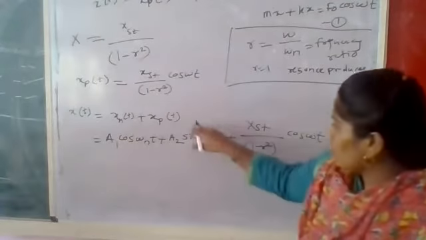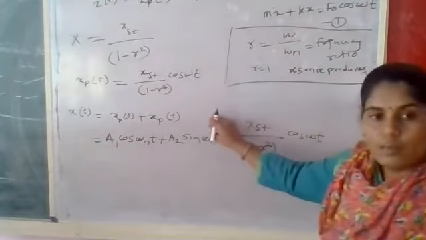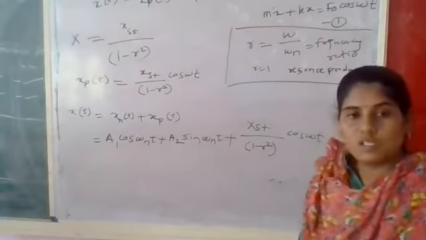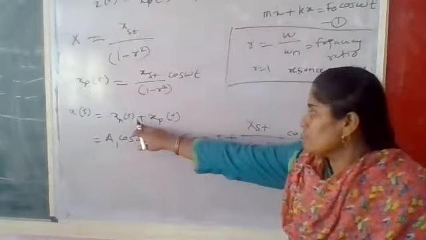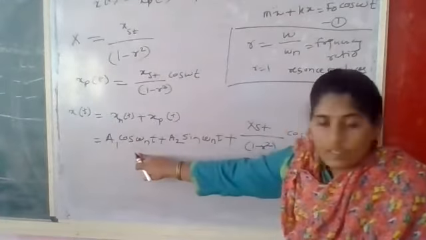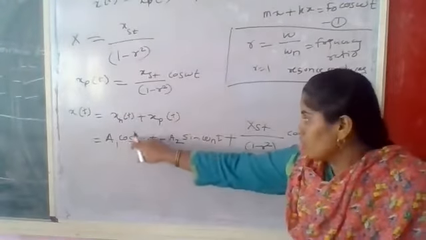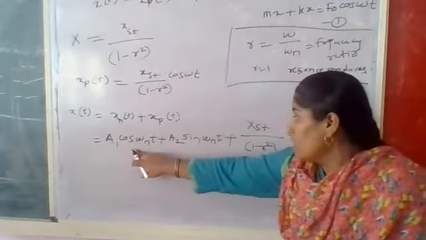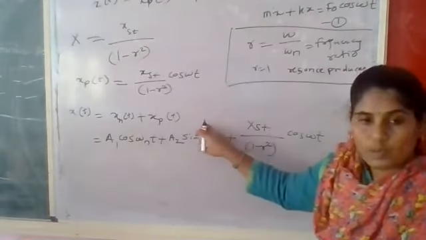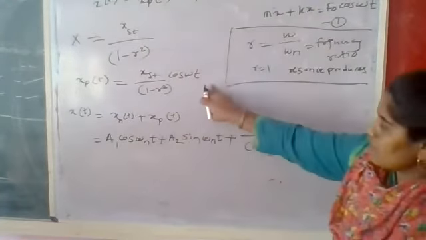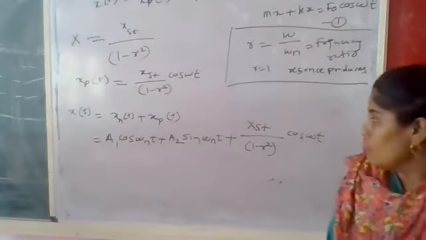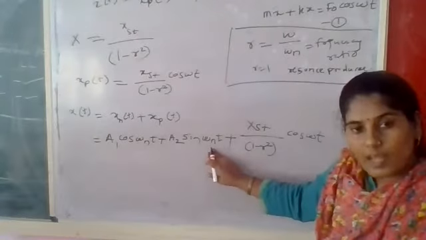You can see our basic equation, that is equation number second: x of t is equal to x h of t for the transient state plus the steady state, that is x h of t plus x particular integral. Already we have seen equation number third for x h of t, the harmonic integral, a1 cos omega n t plus a2 sin omega n t, plus for x particular we have already seen x st divided by 1 minus r square into cos of omega t, where omega n is the natural frequency.